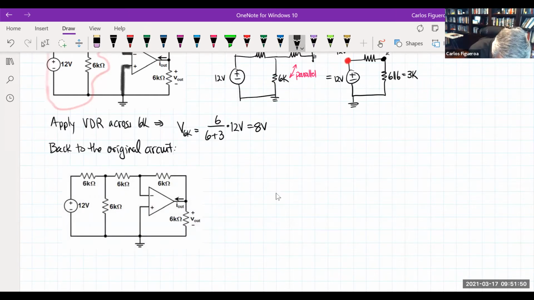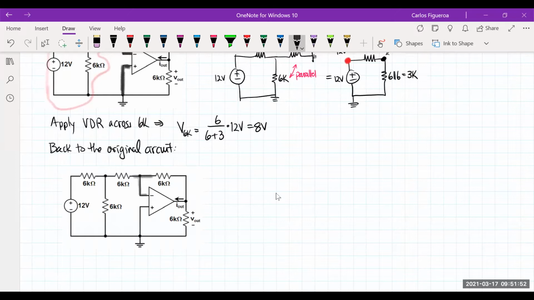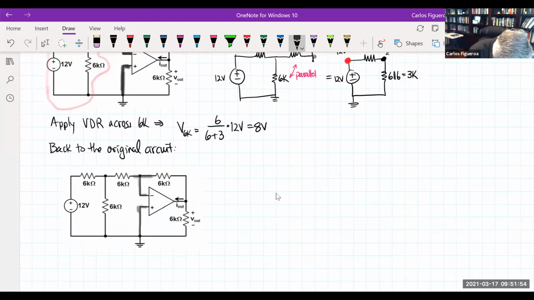We agree that this guy is 0. That's the ground. We know that this node right here is, of course, 12 volts. But we just calculated this node, and what is that node? It's 8 volts. So that is 8 volts.